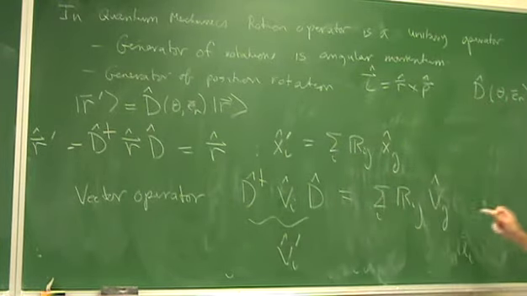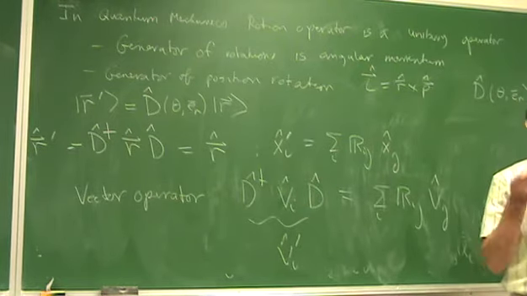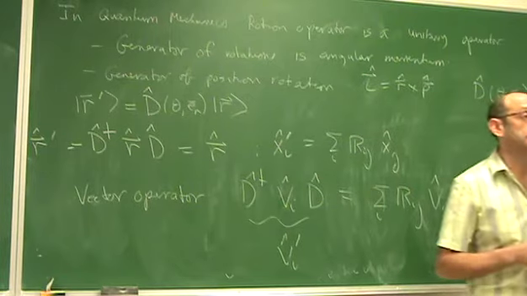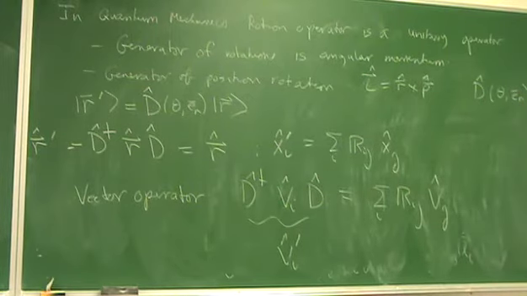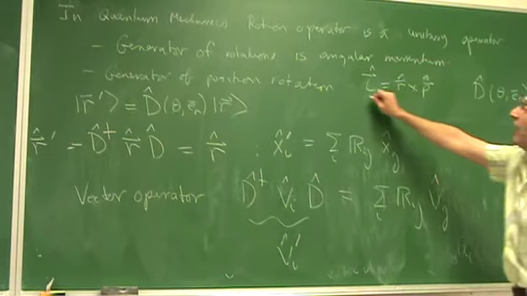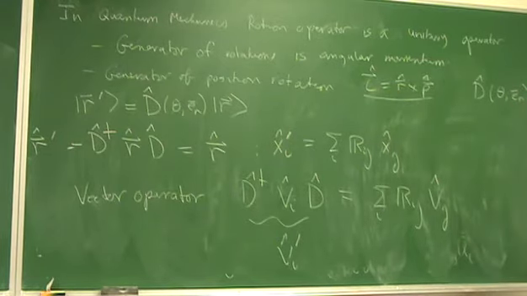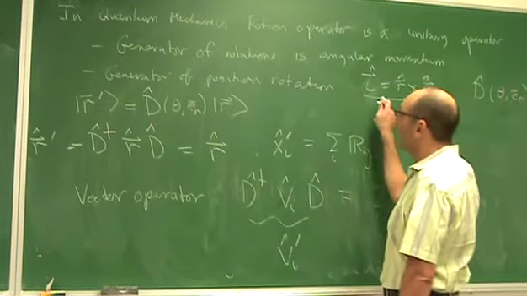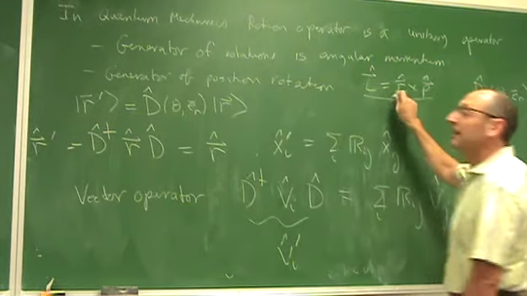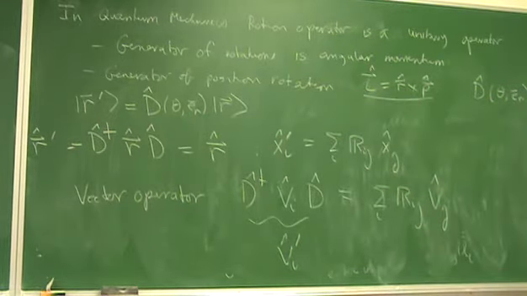If it transforms this way, we say those are three components of a vector operator. Examples: position operator, momentum operator are vectors under rotations generated by the orbital angular momentum.